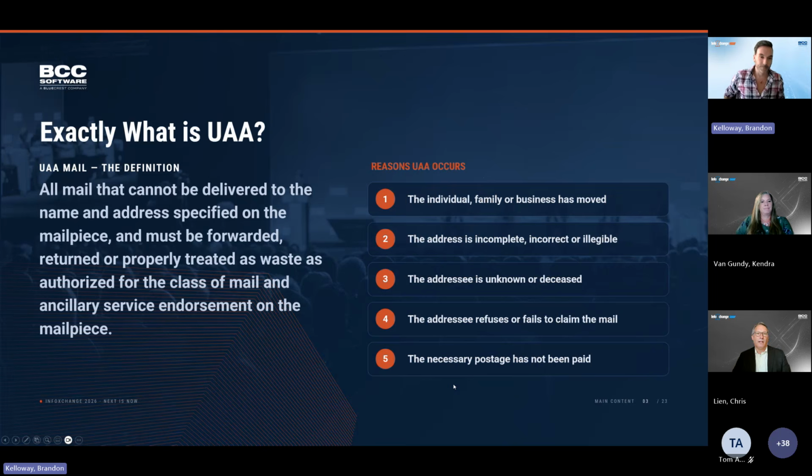Take us away, Chris. All right, so UAA, undeliverable as addressed. On the surface, you might look at it and say, oh, it couldn't be delivered. Well, there's a lot of reasons for it. One of the things we need to remember is the Postal Service does not create addresses. The municipalities do, right? The little townships and cities have to create these addresses.